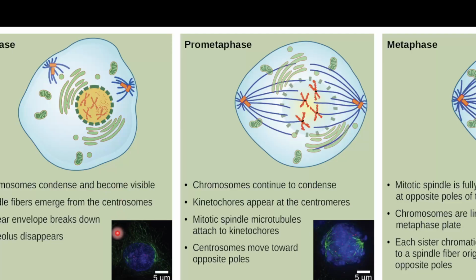Spindle fibers emerge from the centrosomes. The centrosomes are microtubule-organizing organelles from which spindle fibers will originate and attach to the chromosomes, right? That is how the chromosomes will be pulled apart and separated into two different cells. The nuclear envelope breaks down.